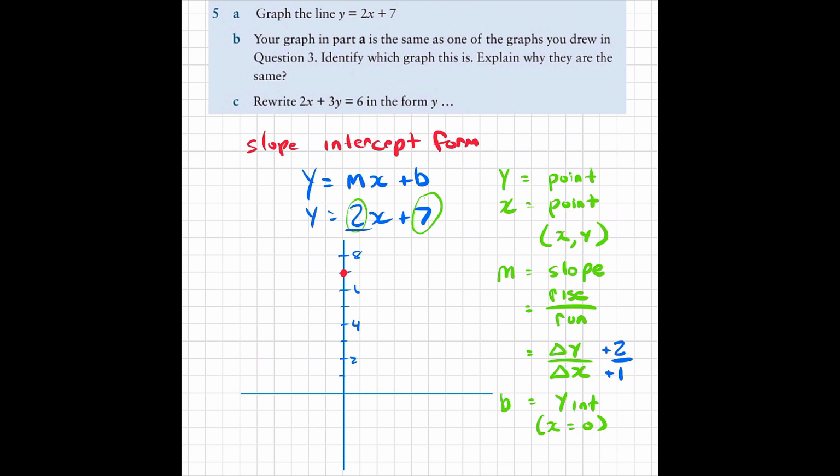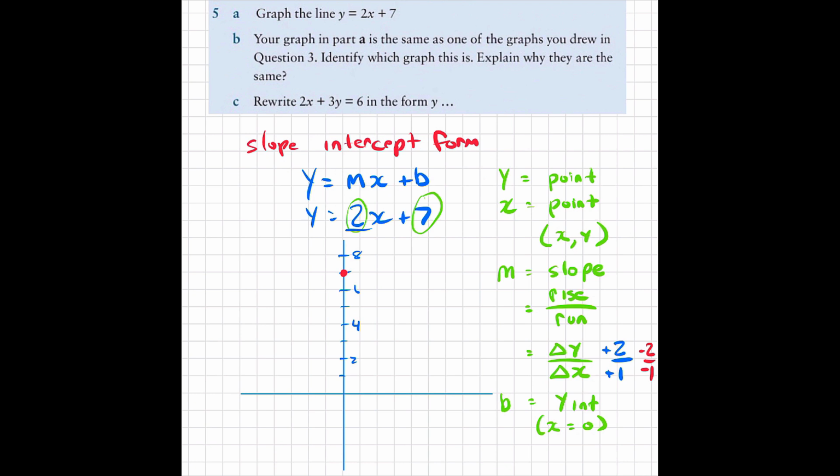So that means that I would move up 2 and right 1 to find my next point on the line. But you see, if I move up 2, I'm moving off of the graph. I don't have any more graph to move up 2 and over 1. So if you think about it, well, it's a positive 2. How else can you make a positive 2? Well, negative 2 over negative 1 is also positive 2.